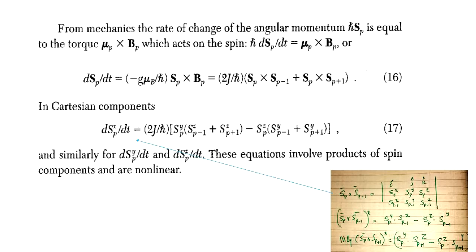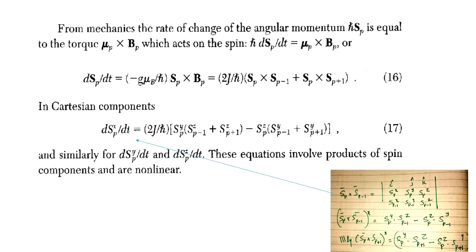So now we need to consider the components for dS by dt along the x, y and z directions. For that, we first consider this Sp cross Sp minus 1. Sp cross Sp minus 1 can be generalized and determined in this form.